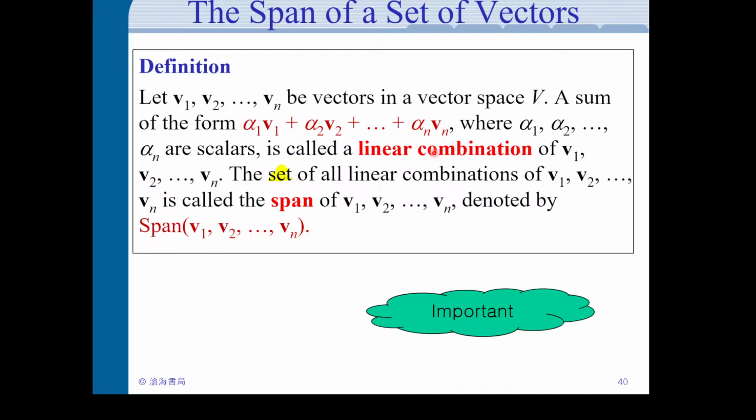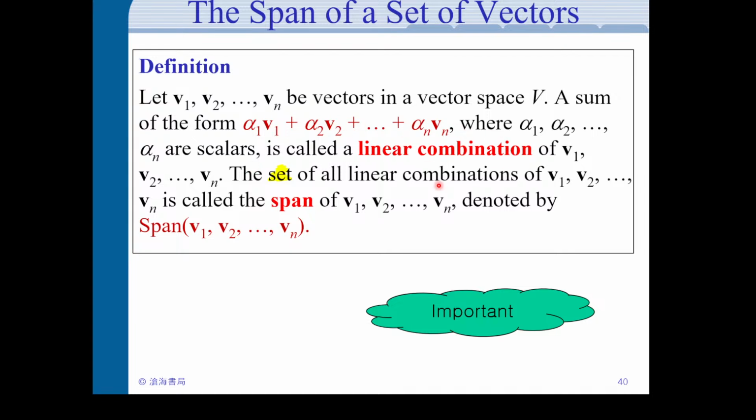And a vector of this form is so important that it also has a name. It's called a linear combination of v1, v2 to vn. So we just pick whatever alpha 1 to alpha n, multiply them with v1 to vn, and add them together, and it's called a linear combination.